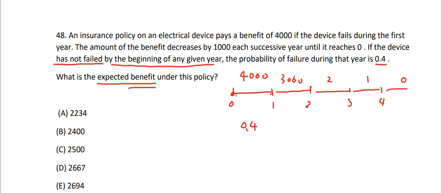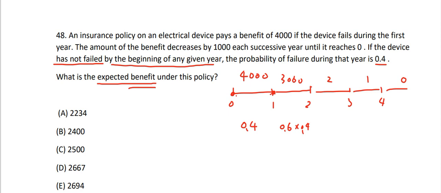Then second year is like, first year not failing is 0.6. So here is 0.6 means first year okay, but second year fail 0.4, right?